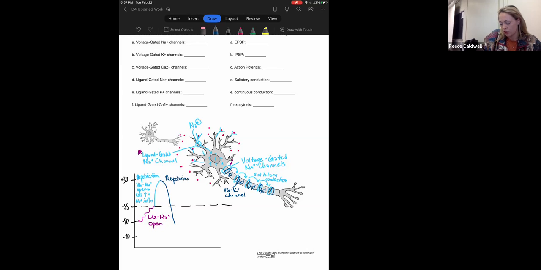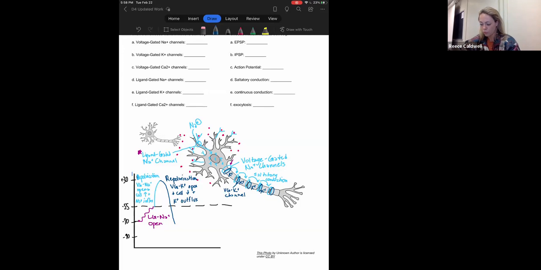So the cell depolarizes up to about positive 30 or 40 millivolts, and then it repolarizes due to voltage-gated potassium channels opening, and the cell decreases in positivity due to that K plus, that potassium outflux.